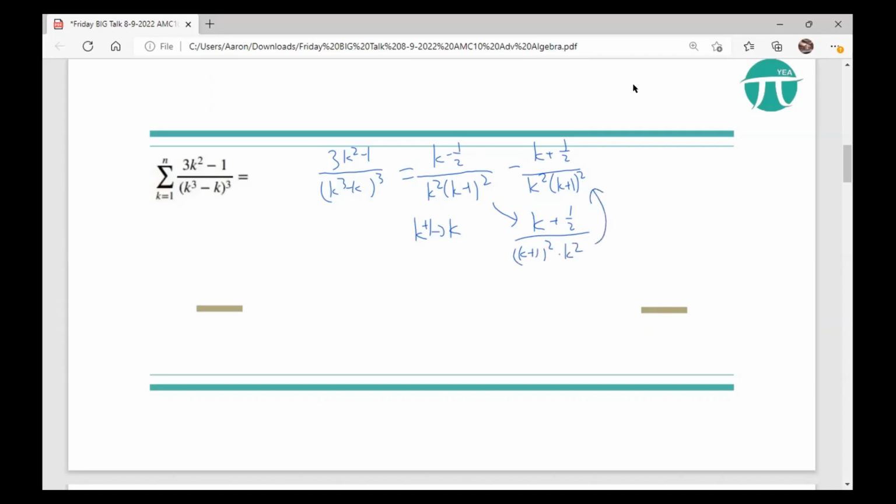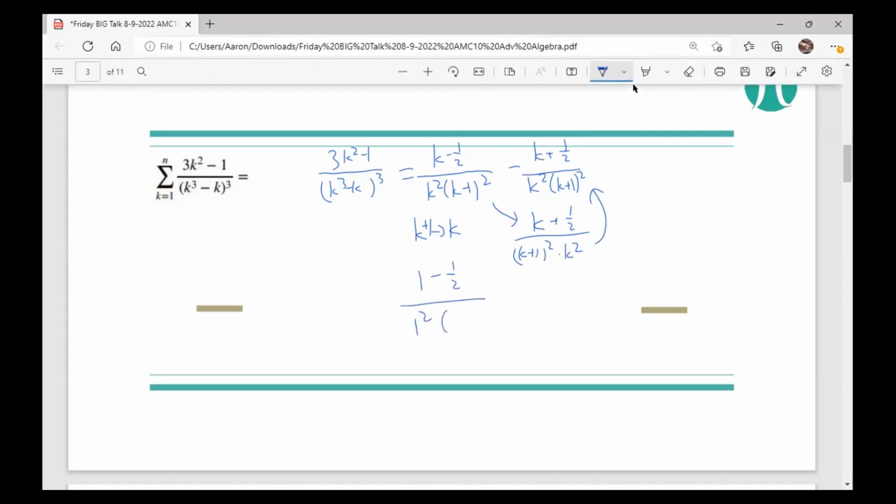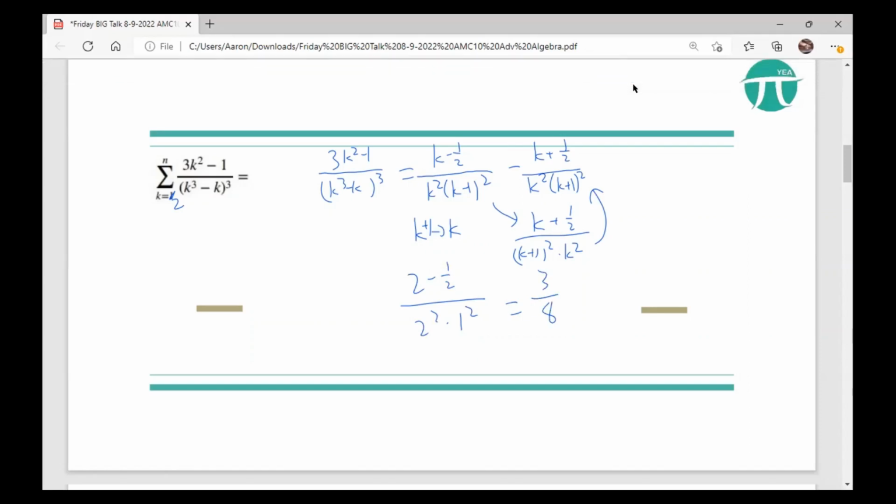So you get 1 minus 1/2 times 1 squared times, actually, there's a typo, this should be a 2. So it's 2 minus 1/2 times 2 squared times 1 squared, and this is 3/8. Of course, this sums to n, so the minus n part has not been taken out. So it's minus n plus 1/2 times n squared times n plus 1 squared.